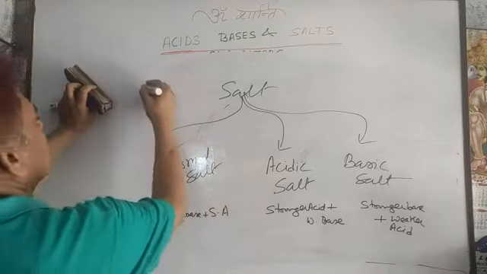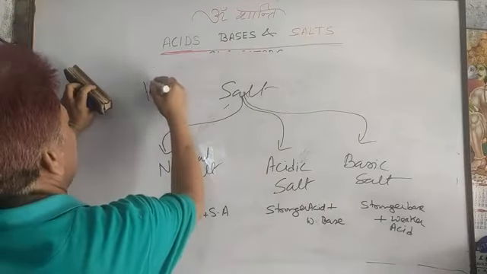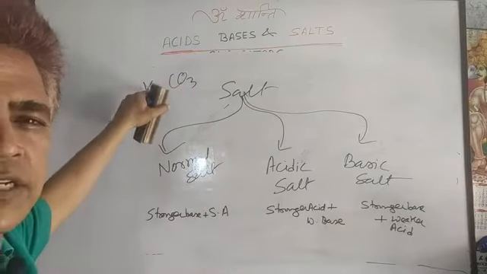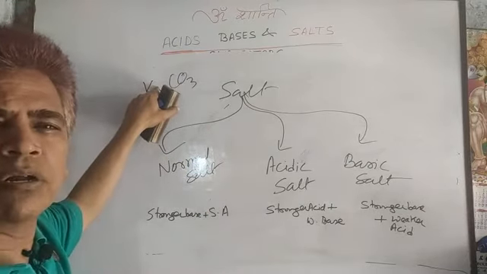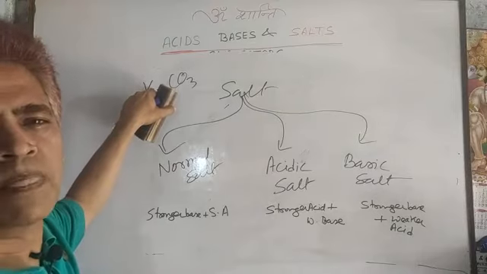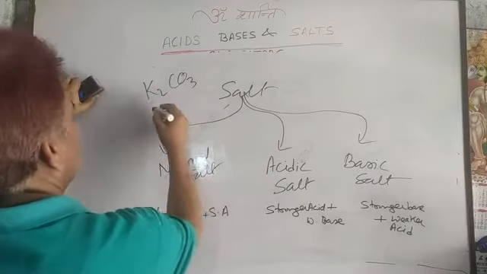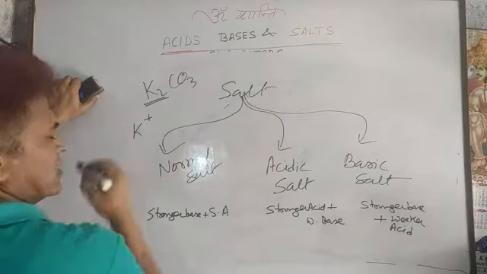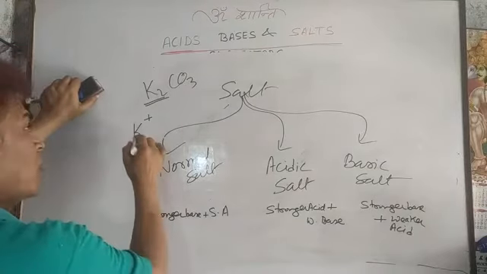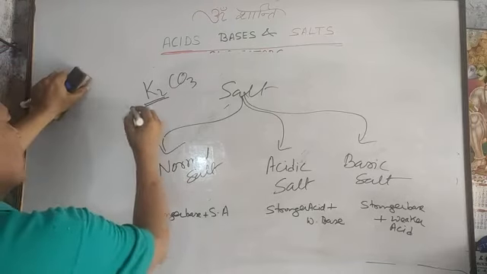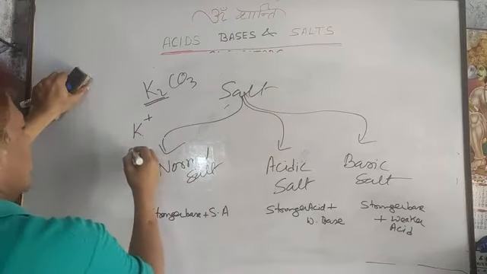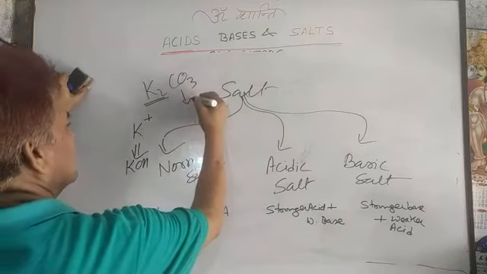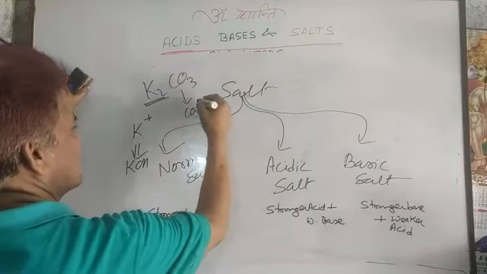So, suppose it is written here potassium carbonate, you have to identify whether it comes under acidic salt or basic salt or the neutral salt. Here the basic radical is potassium. Why is it called a basic radical? Because it comes from a base, that is potassium hydroxide, and the carbonate radical comes from an acid.